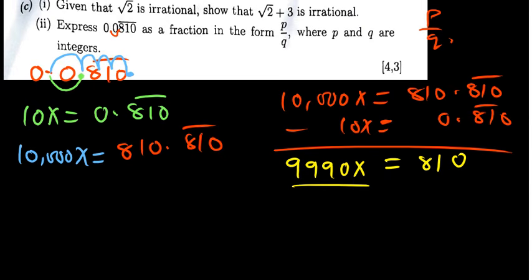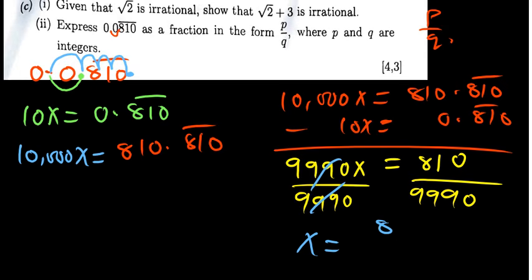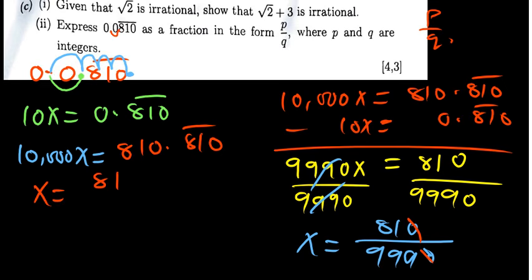I divide both sides by 9,990, so these will cancel. x will be equal to 810 divided by 9,990. At this point, I can cancel the 0. This 0 and that 0 go. So x will be equal to 81 over 999, like that.